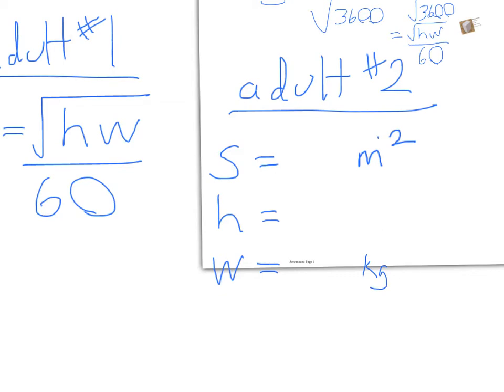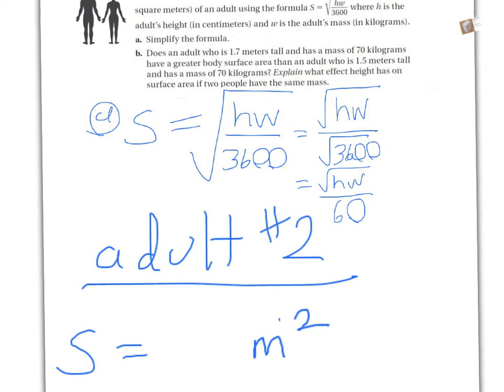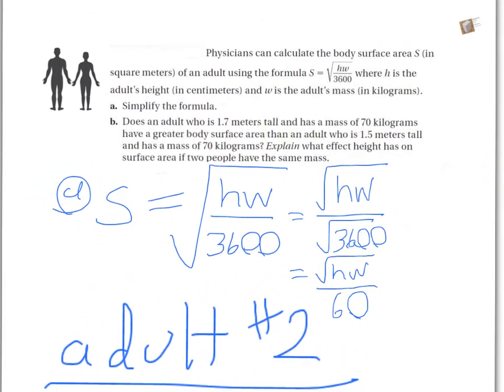Alright, now let's see what information they gave us in the actual problem itself. Here we go. An adult who is 1.7 meters tall and has a mass of 70 kilograms. Now please look at what the formula is saying. It says right here clearly H is the adult's height in centimeters, but they are giving us the adult's height in meters, 1.7 meters.